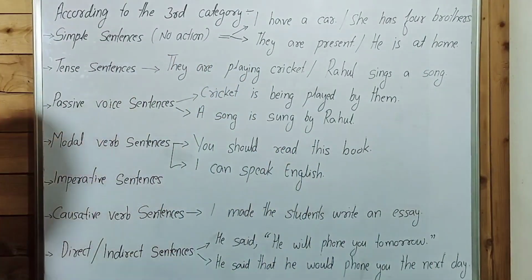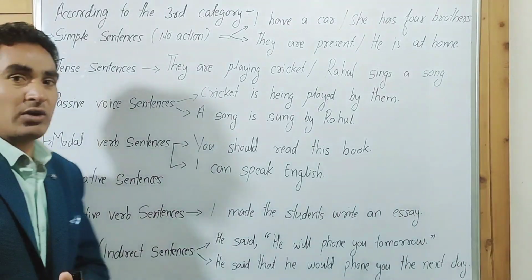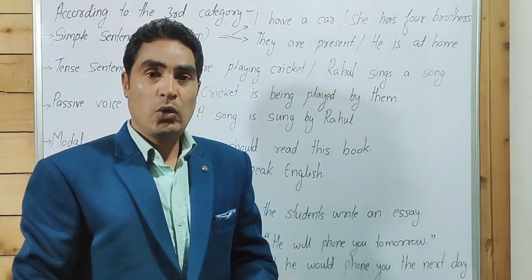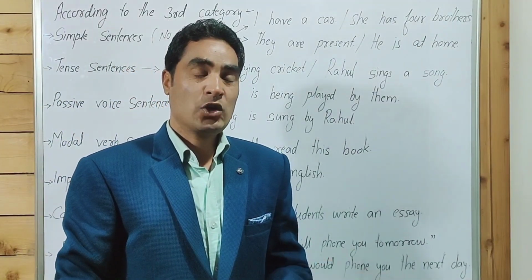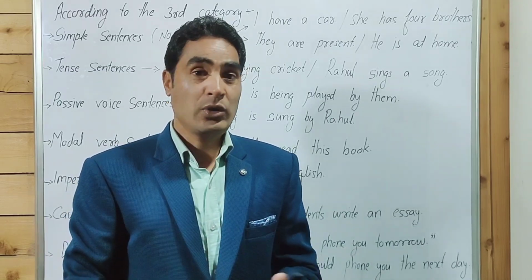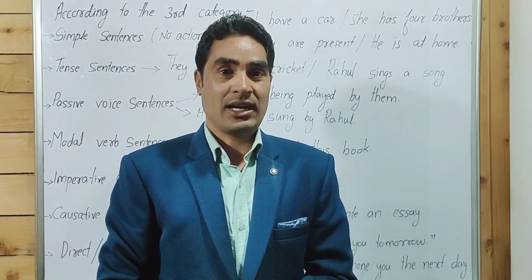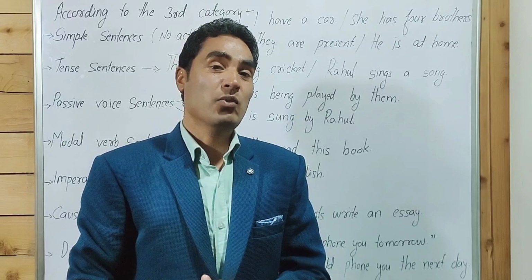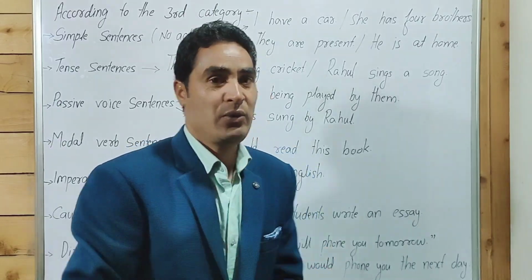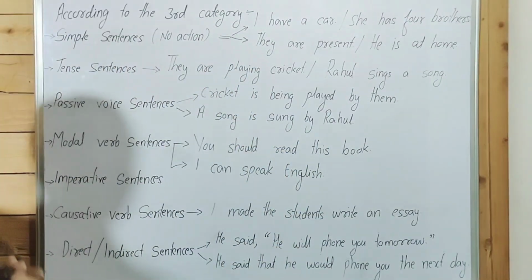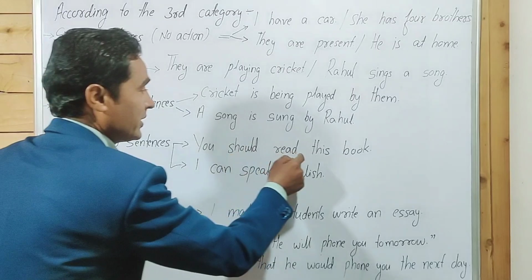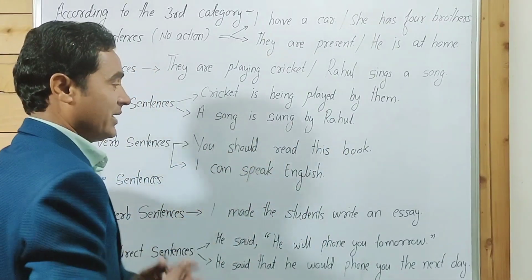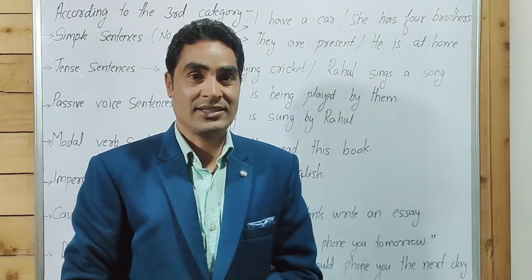When we talk about modal verb sentences, there are many modal verbs: shall, will, may, might, can, could, should, would, ought to, etc. Modal verbs express moods. I will teach you each and everything about modal verbs when we learn about them. You should read this book. I can speak English. You can speak English.